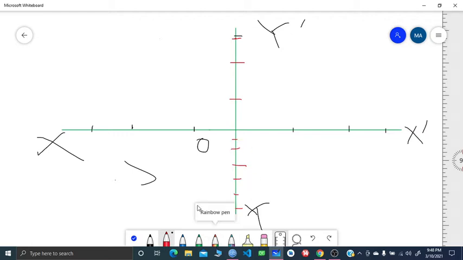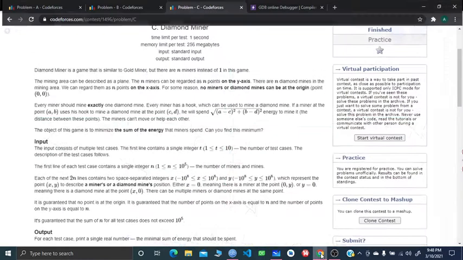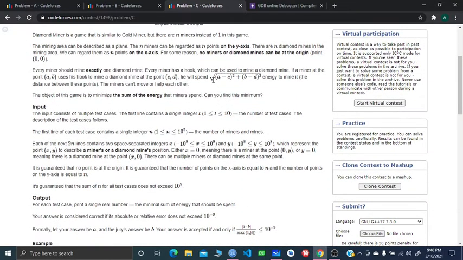Now what you have to find out is that a miner can only put one diamond in some of the mines on the x-axis. To do that, he has to use power, which is the distance between the two points.